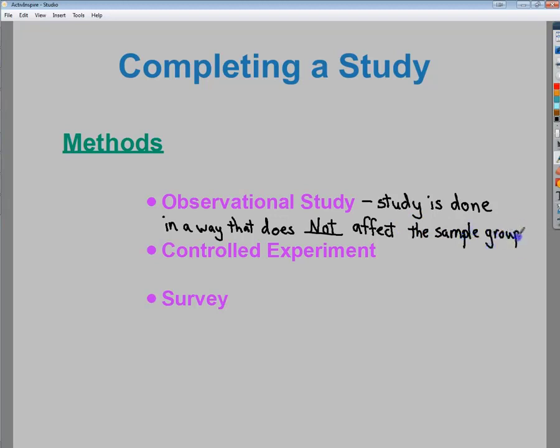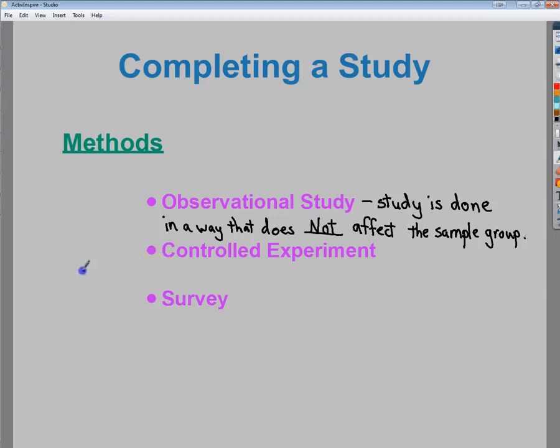So an observational study is just kind of where you watch what was going to happen anyway. You're not affecting it, you're not changing anything, you're just sort of observing what's going on in the regular scenario that's there.